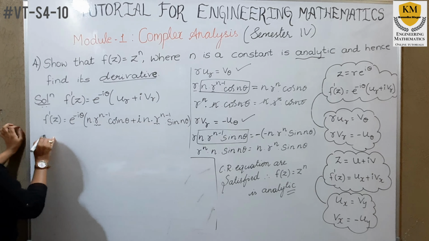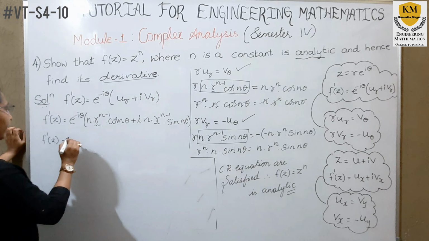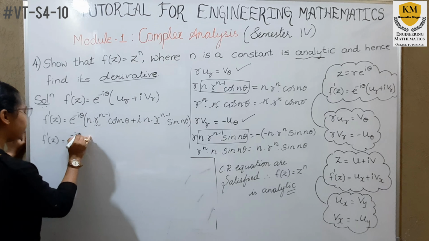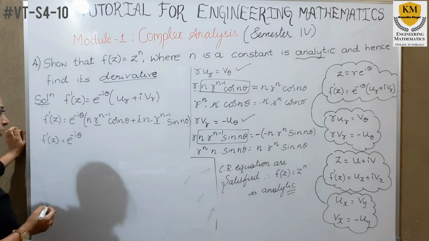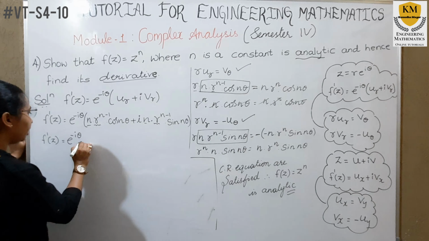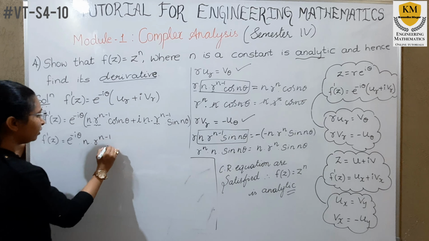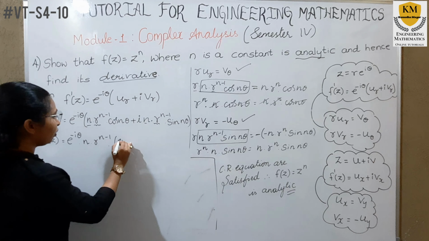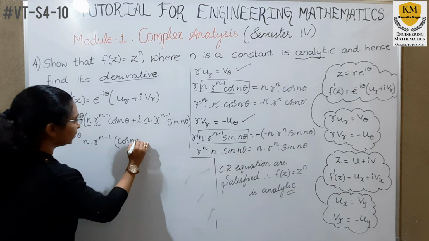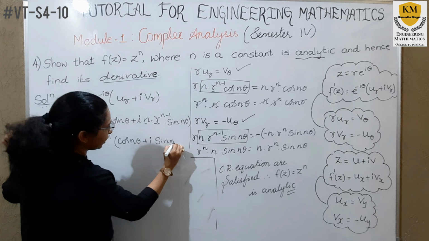So f dash of z is equal to e to the power of minus i theta as it is. I can even take out n also as common. N into r to the power of n minus 1 into cos n theta plus i sin n theta.